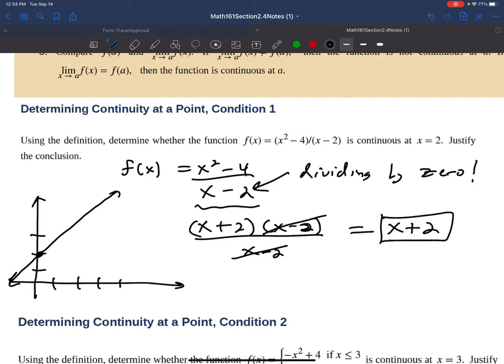So the only difference between the line y equals x plus 2 and this function, which are algebraically equivalent, is that the function up above, the original function, is going to have a hole where the denominator is 0, which would be at x equals 2. So basically, that graph f of x is this picture I have right here with a hole up here at x equals 2. That's a hole.